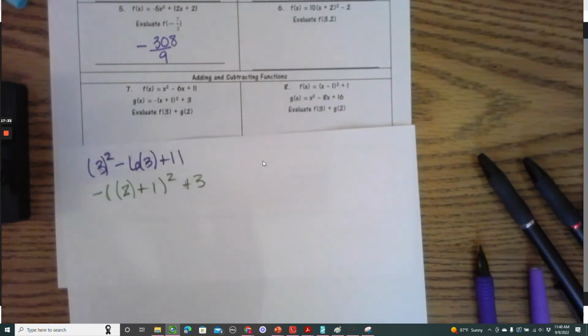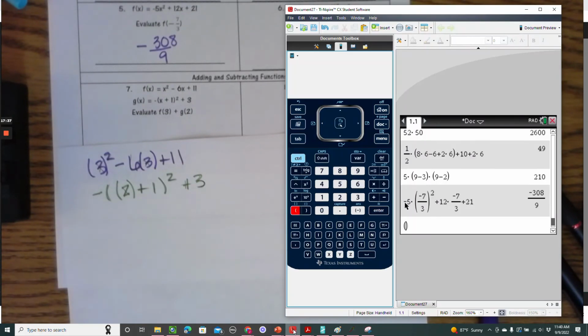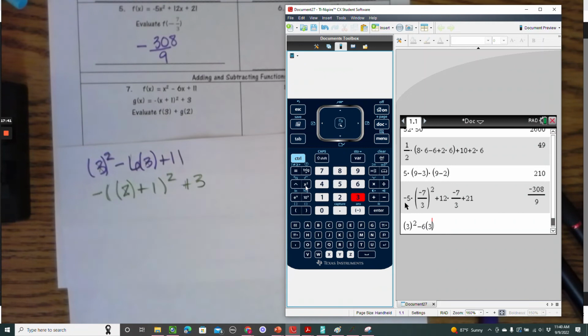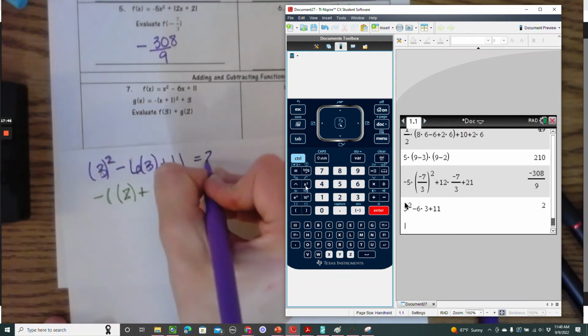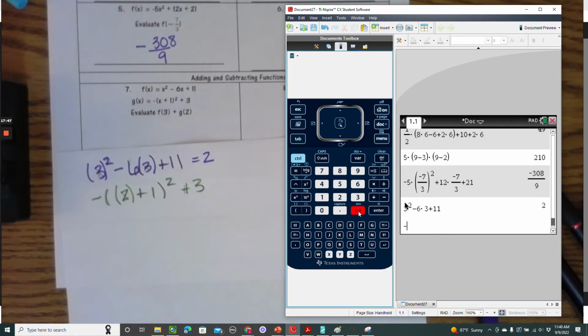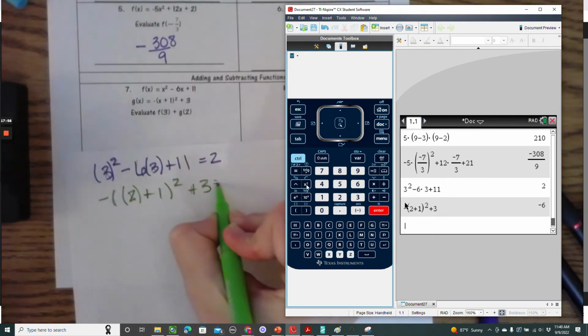And then we solve each one of these separately. So we do 3 squared minus 6 times 3 plus 11. That gives me a 2. And then negative 2 plus 1 squared plus 3 is a negative 6.